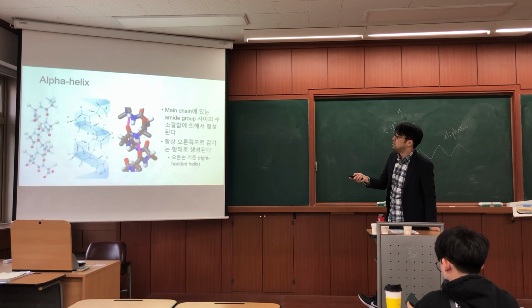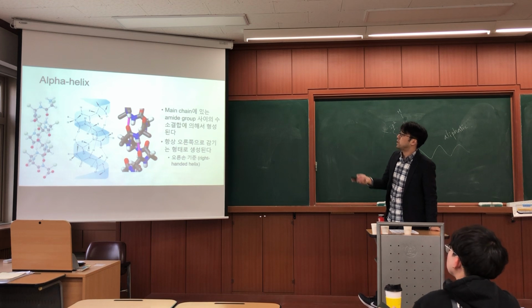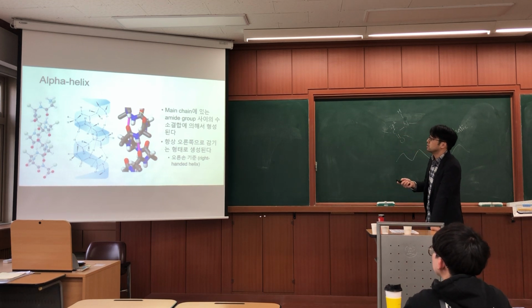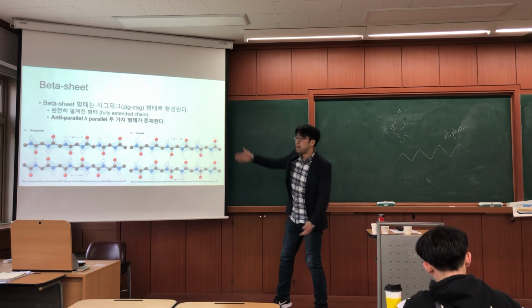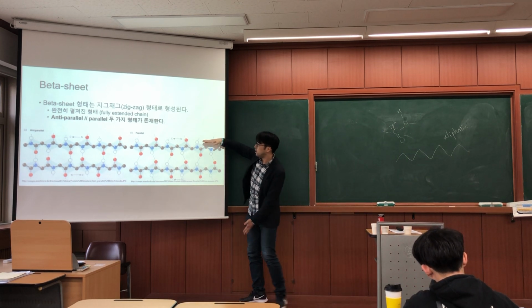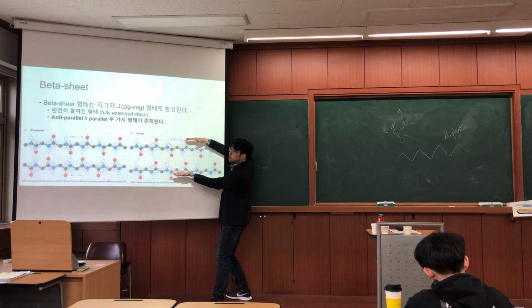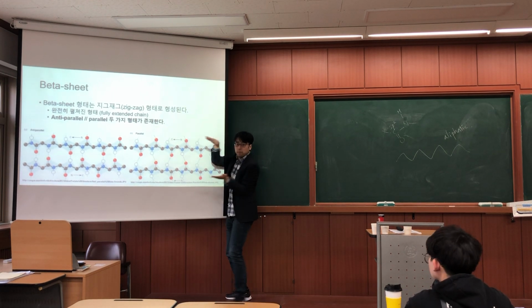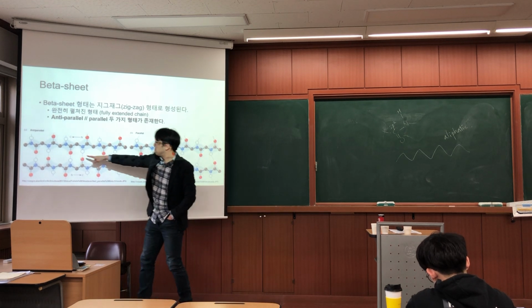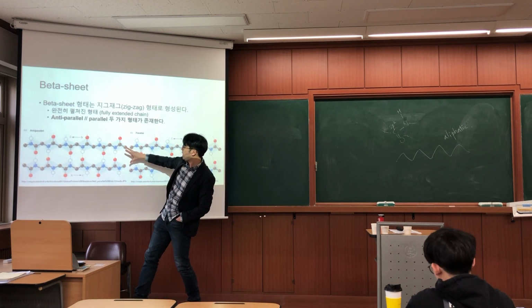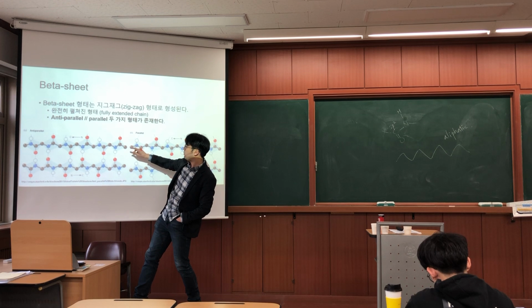So amino acids tend to form helical structures, or sometimes they tend to make beta sheet structures. Here, these are two parallel chains. Two amino acid chains are in parallel, and by doing this, they can also make lots of hydrogen bonds.